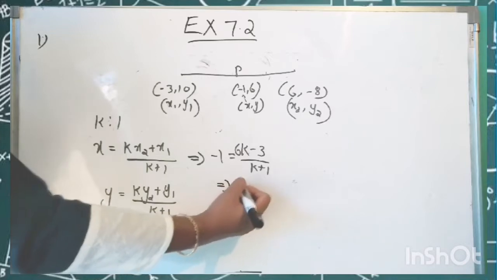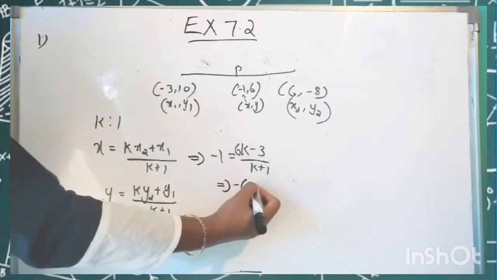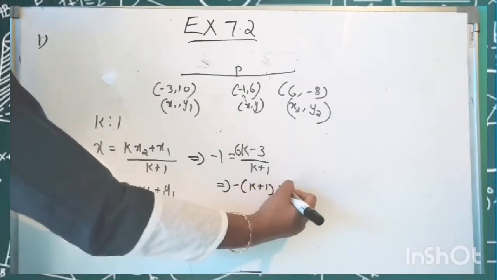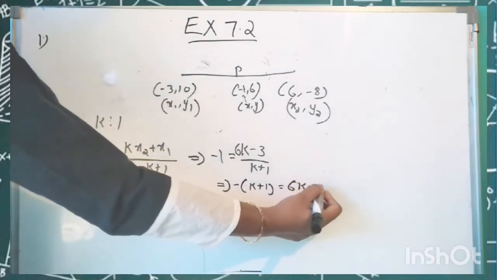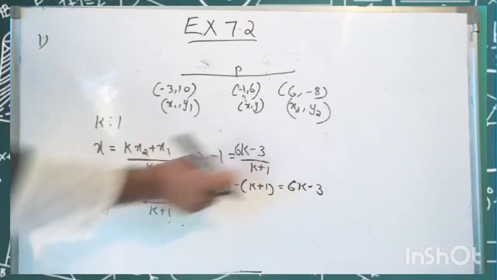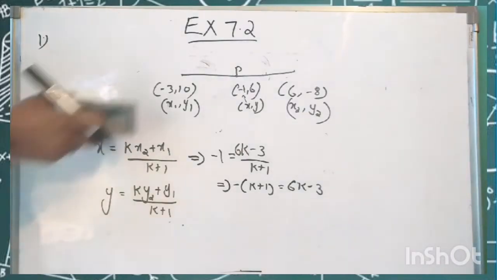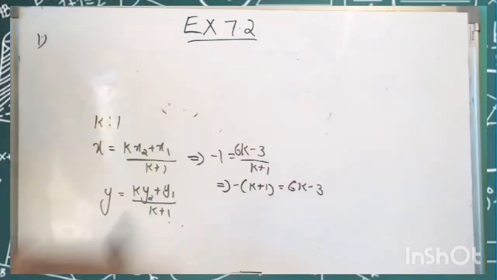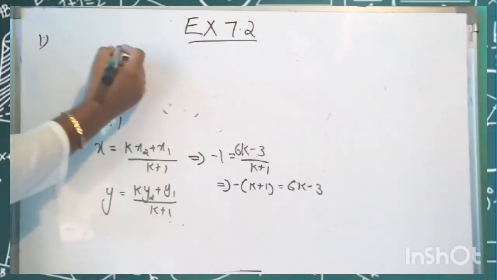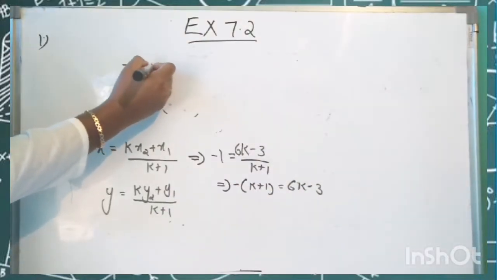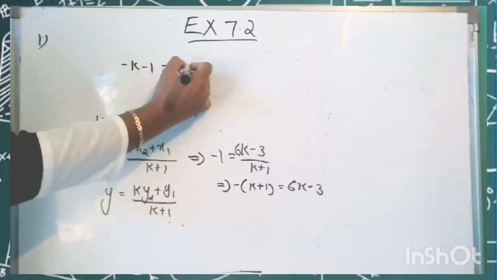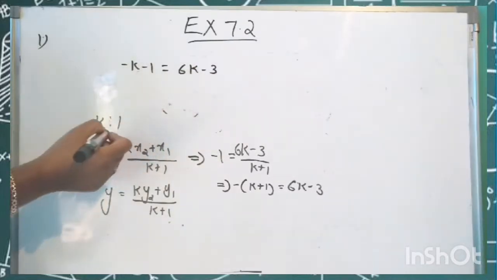So this implies minus (k plus 1) is equal to 6k minus 3, right? Now open this bracket, that is minus k minus 1 is equal to 6k minus 3.